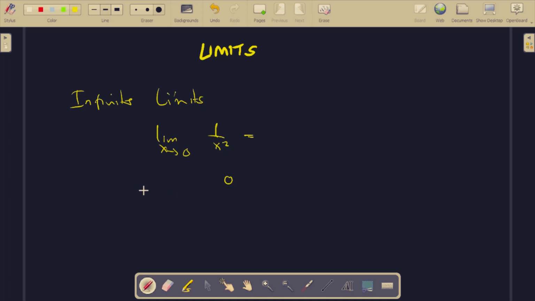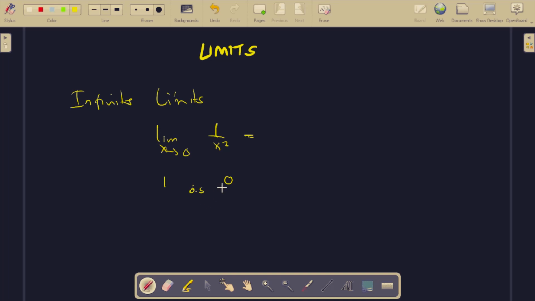Let me just start with 1, and here we have our 0.5 and our 0.8. The size of the denominator is getting smaller and smaller, and that means the denominator is going to be very small for values of x that are close enough to this 0.